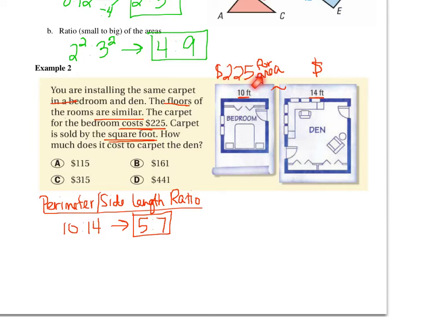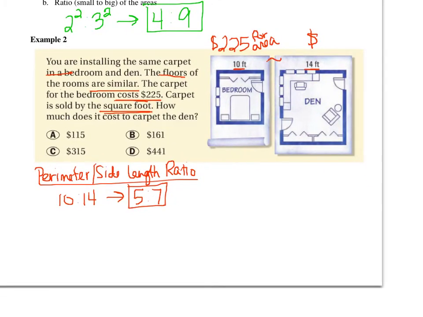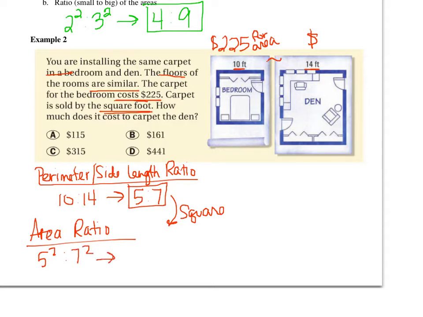So we're going to have to use the area ratio. To get from our side length ratio to our area ratio, we're going to square it. So we're going to have 5 squared to 7 squared, which gives me 25 to 49.